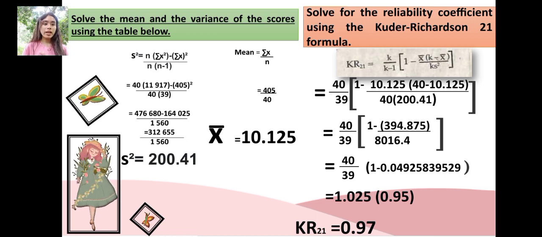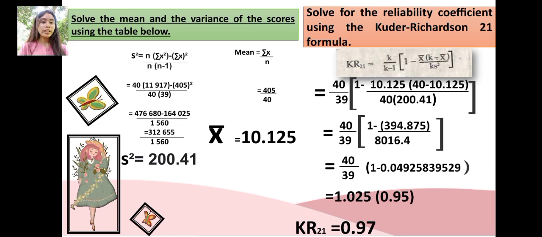And then the denominator: 40 multiplied by 200.41 gives 8016.4. Okay, so next, just copy the 40 over 39, then the quantity, also copy the 1 and the negative sign.